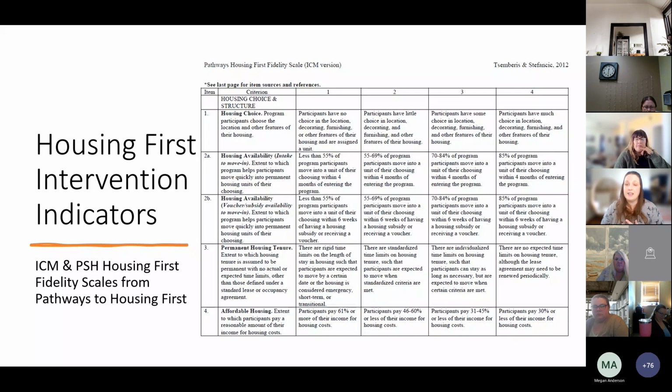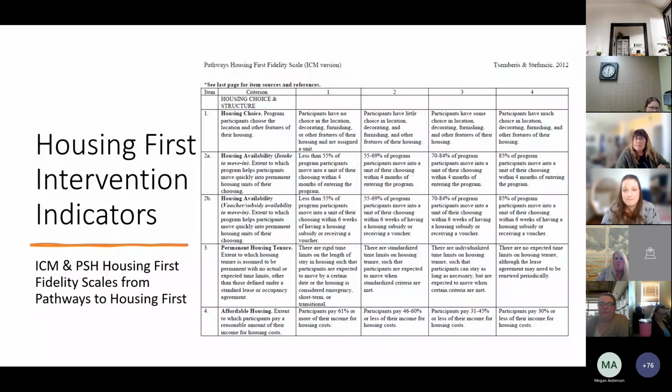If you've read any of their workbooks, they always say PHF, Pathways Housing First, because a lot of it really originated with them. There have been different variations, but you can find this on Google: just Google Pathways Housing First Fidelity Scale. It does a really nice job of breaking down different domains of Housing First.